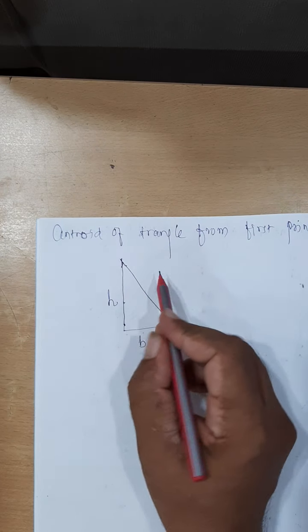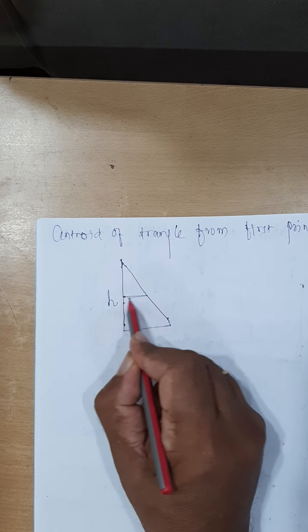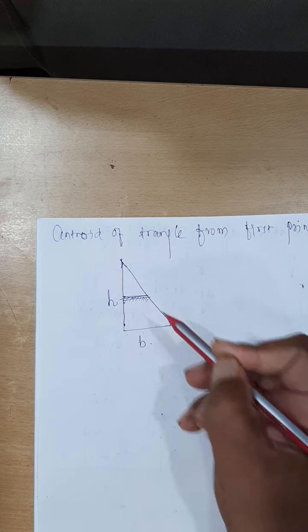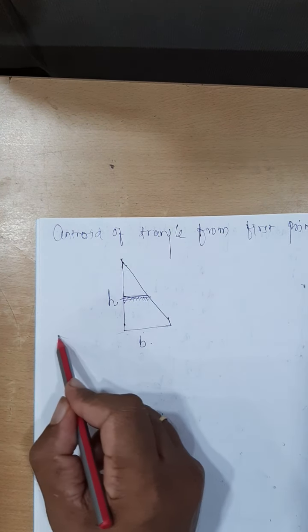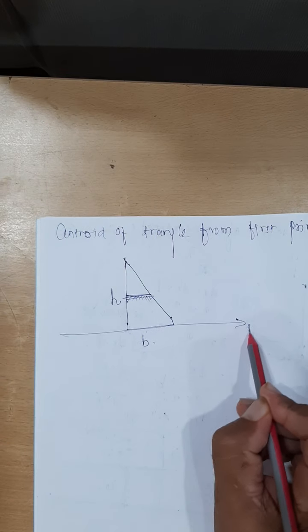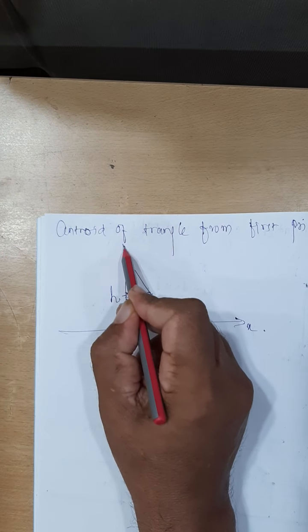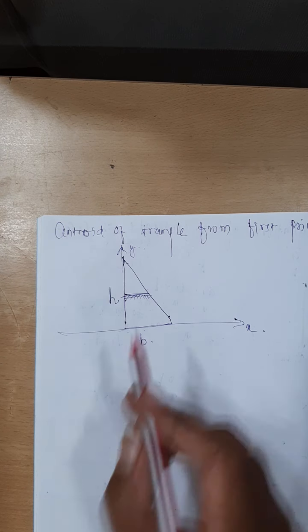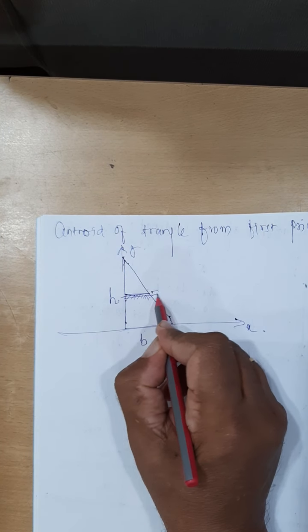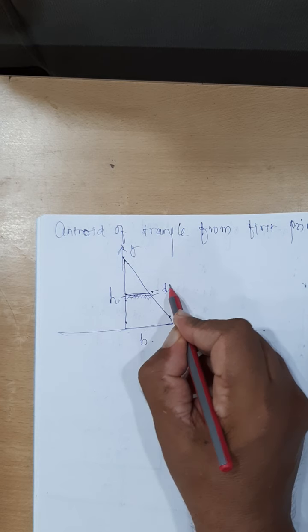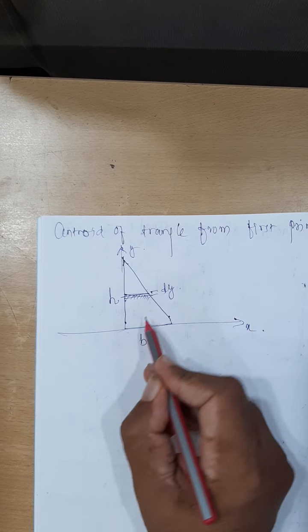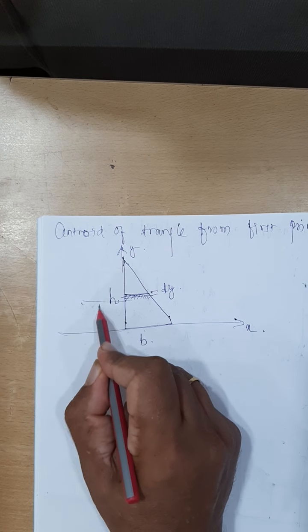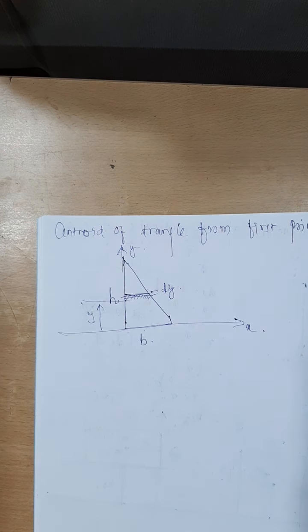Now you consider a small elemental strip, taking x and y as the reference axes. This is your x line and the y line. Consider a small elemental strip of negligible depth, say equal to dy, located at a distance of y units from the x line.